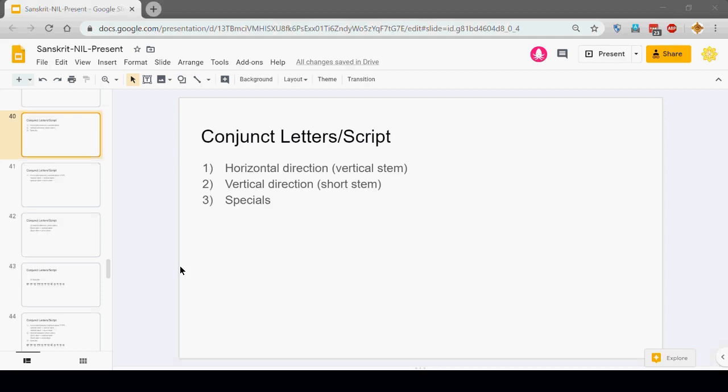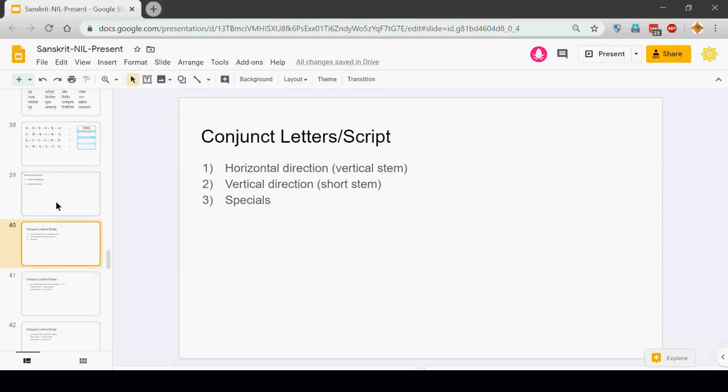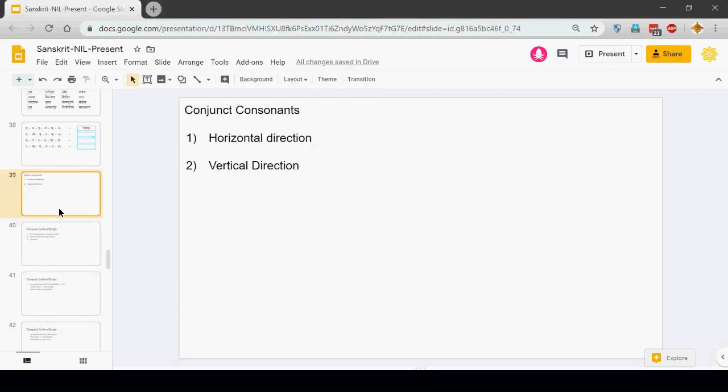What is a conjunct letter? It is a combination of 2 or more consonants. So we looked at various combinations last week and what the patterns are, how to identify them. So one was like a horizontal direction, one was like a vertical direction.